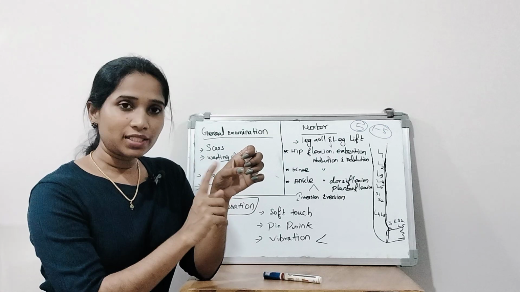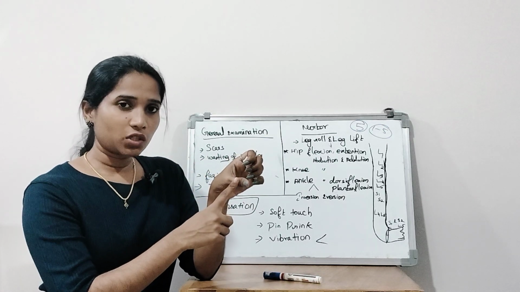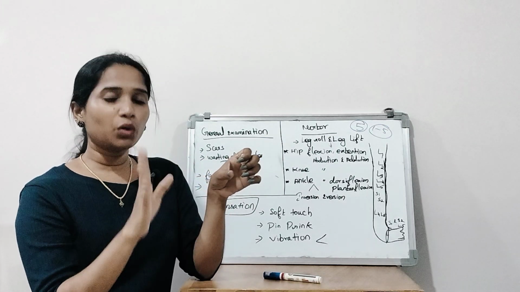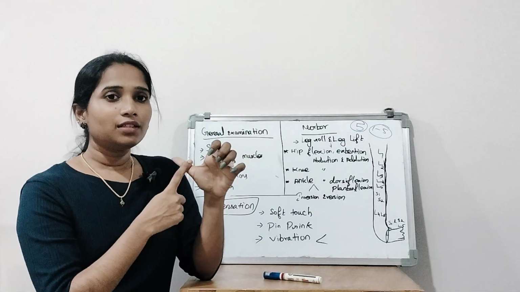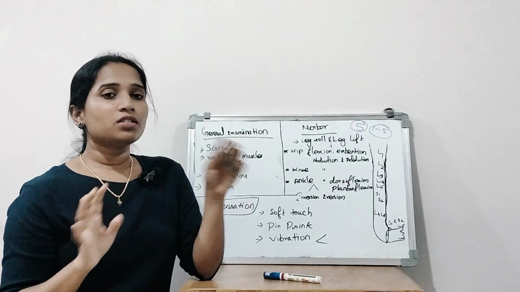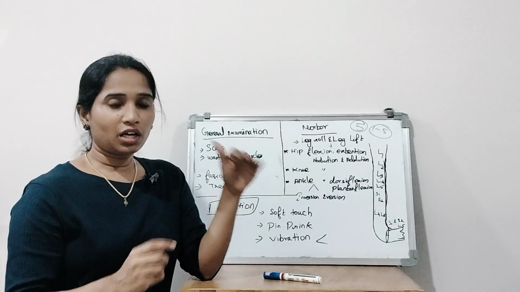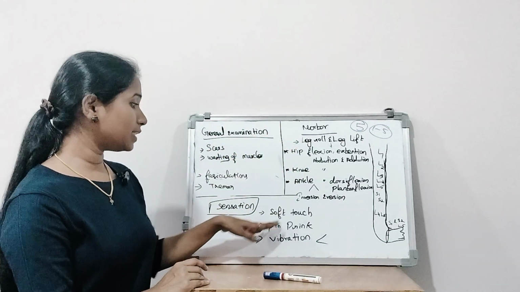Clear? So first you go with the proximal. If they don't feel it, then you go with the distal part. This is the way you do an assessment for sensory.